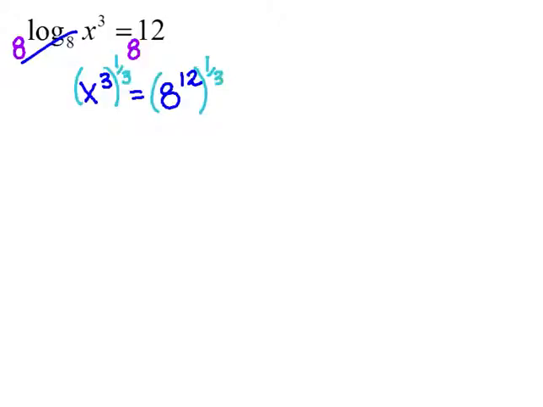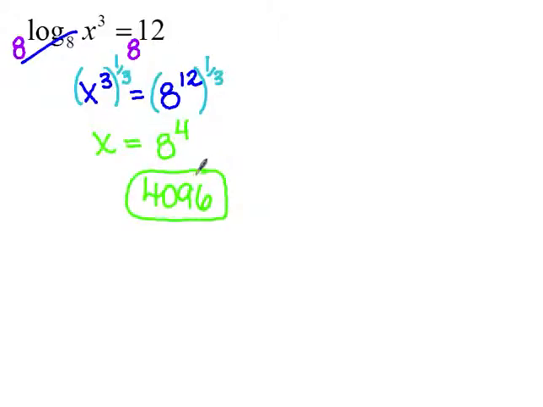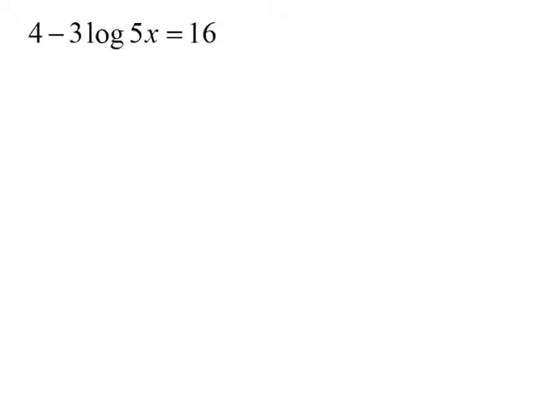If I have x to the 3rd raised to the 1/3 power, that leaves me with x equals 8 to the 12 times 1/3, which is really 4. So my answer is 8 to the 4th, which is 4,096.